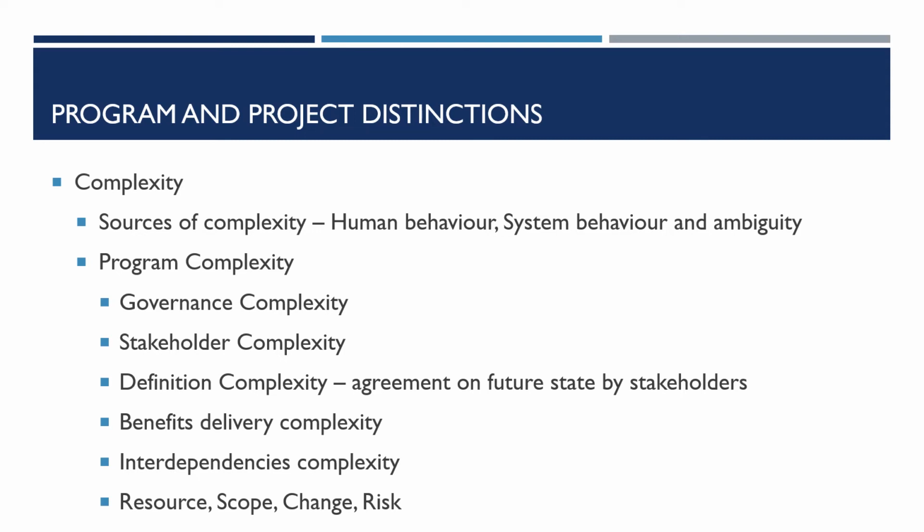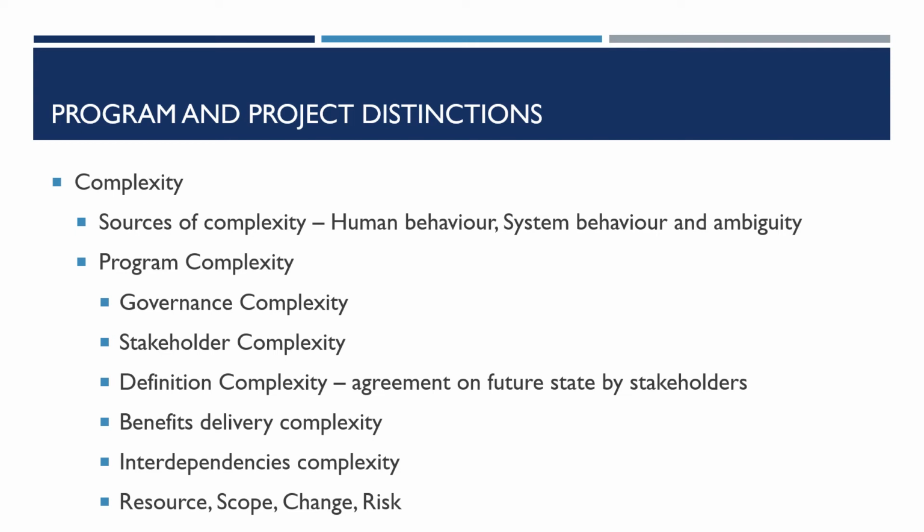In a program, we talked about governance complexity, because you need to govern the entire set of components, which include subprograms, projects, sub-projects, and operations as well. So you need to put a governance mechanism in a much better way compared to projects. There is also stakeholder complexity, because of its benefits connectedness, right?